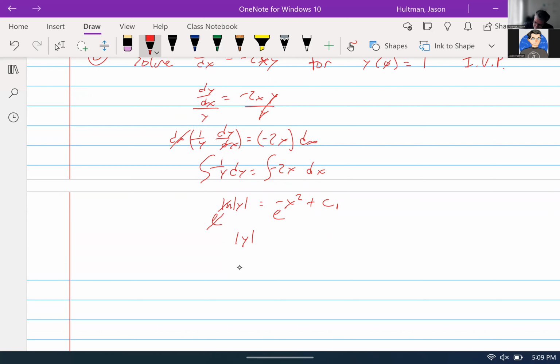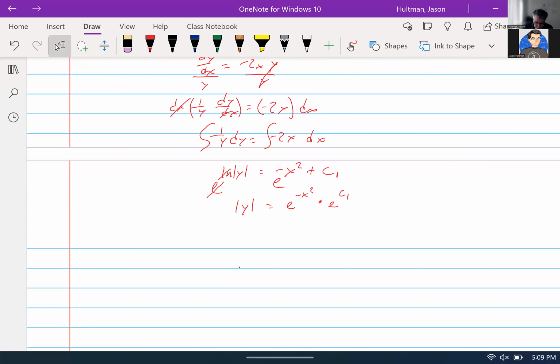So I end up with absolute value of y is equal to e to the negative x squared plus c1, but I'm going to let that be multiplied, e to the c1, and e to the c1 I'm going to let be c2. Let e to the c1 equal c2.